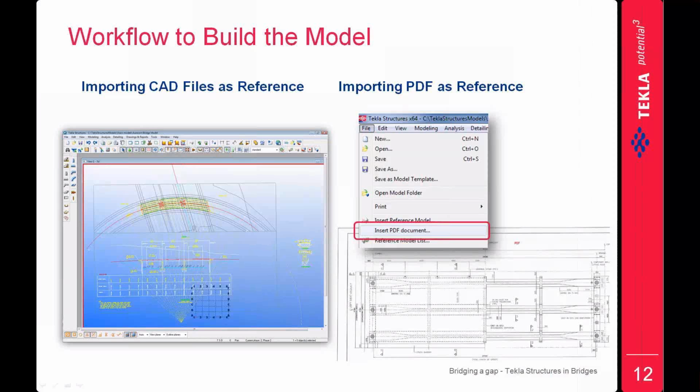Or if you have any PDF files, we can insert the PDF files also into the Tekla Structures environment, so that I have some reference with me. When I bring it in as 1:1, I have some reference. Based on that, I can start building the model. And even if we have a large number of PDF pages, we can select the page which we want to insert in the Tekla Structures environment. That is possible.